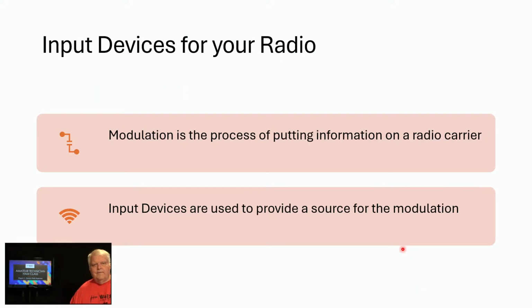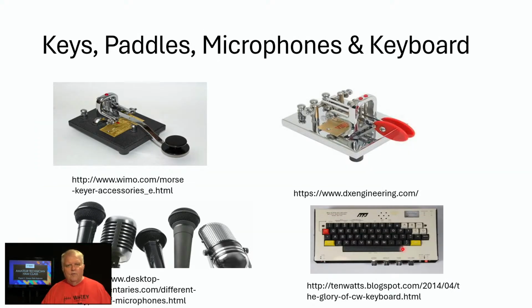All right. We're going to modulate our radio carrier with something, turning it on and off, or we're going to talk using our voice, or we're going to have a computer that's going to be sending some text. So there are various input devices that aid you in modulating the carrier, such as Morse code paddles.